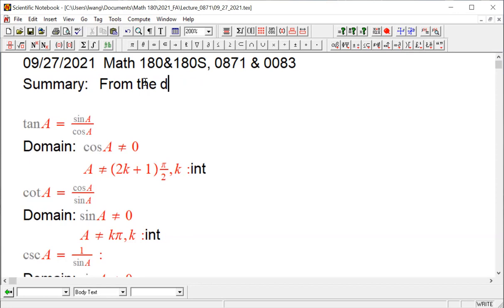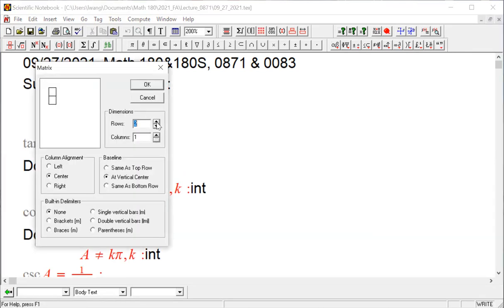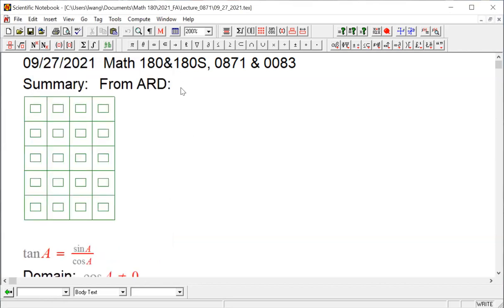I would still say from A and R, because the definition is dependent on A and R, right? So when we summarize this, I want you guys to do this with me. 3 columns, maybe 4 columns, number of rows. This is just about from A and R to domain.